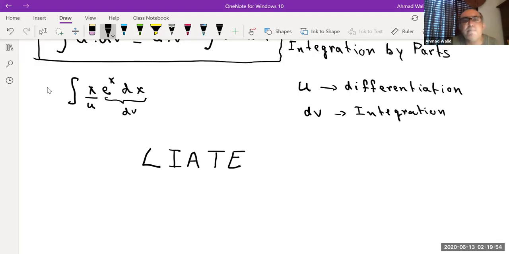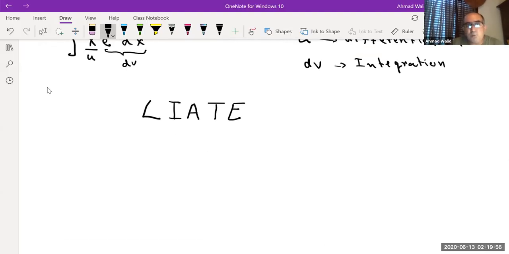What does it mean? This word actually is for your u, how to choose u, correct? L represents logarithm.